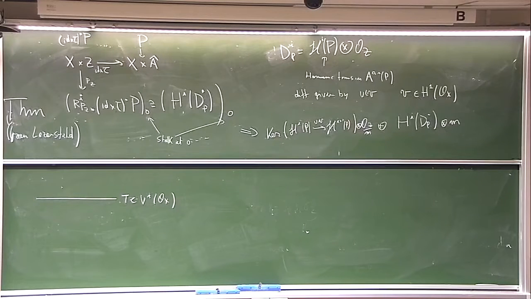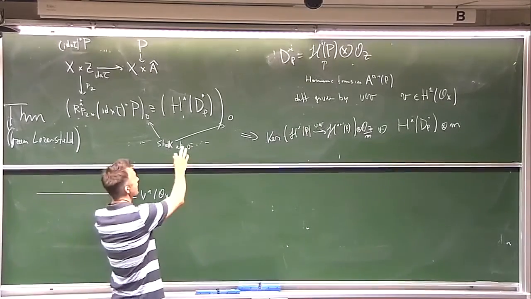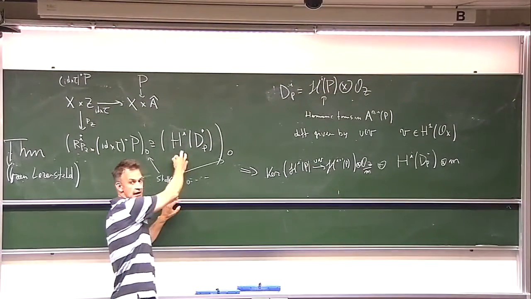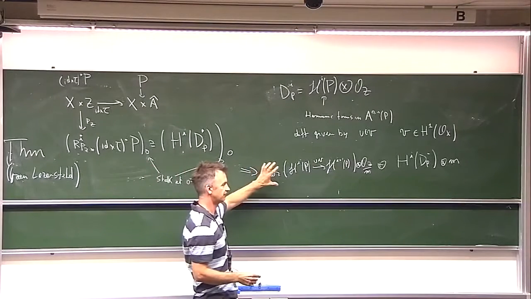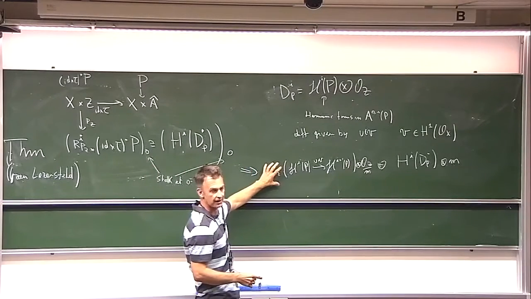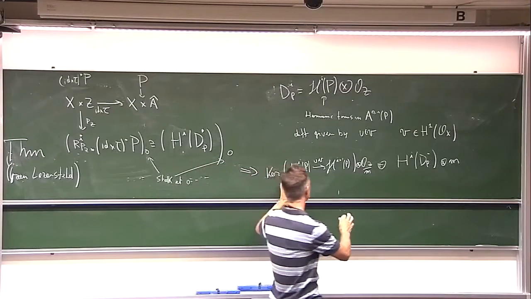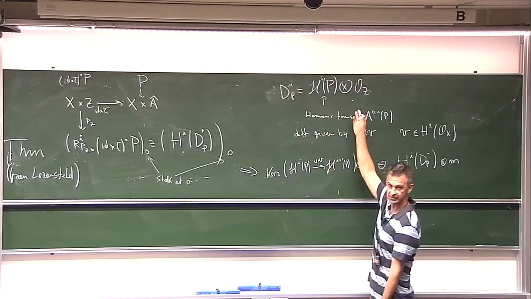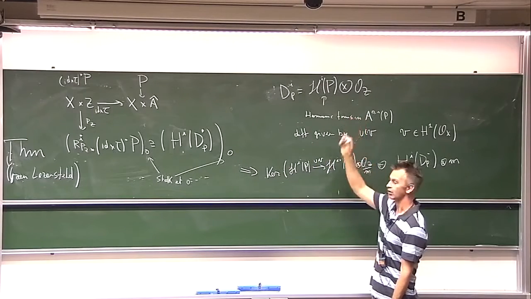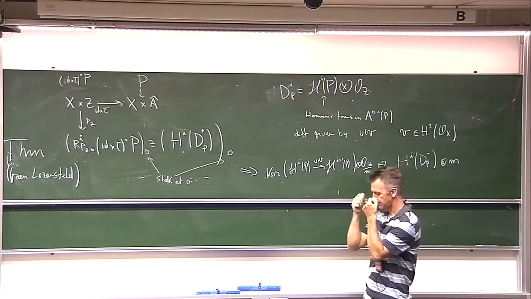If the isomorphism holds, then you can try and compute this cohomology. The statement isn't stated very well yet. Roughly speaking, in degree 0, this should be a module over O of Z. So if you quotient by T.